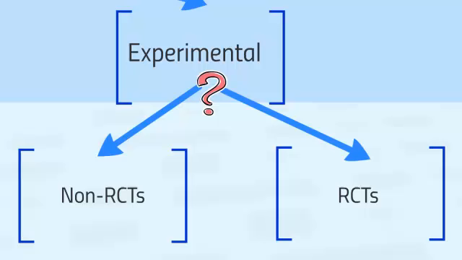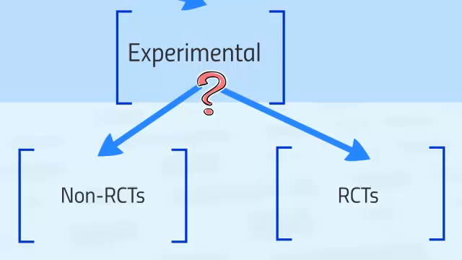In other words, is there an equal chance of each person receiving the intervention or the control, the comparator? If it is through a random process, then it's called a randomized controlled trial. If it's not, it's called a non-randomized controlled trial, or just a clinical trial. So that's important to note.